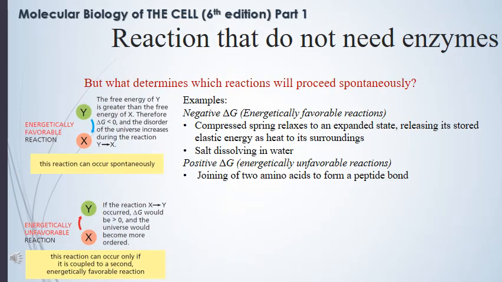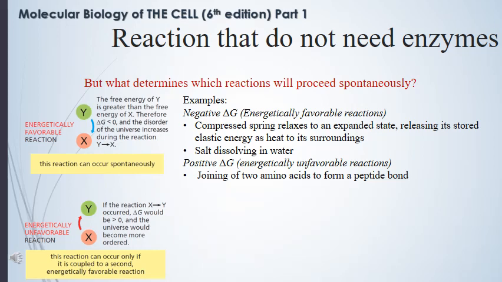So we talked about entropy, we talked about disorderedness, we talked about some chemical reactions occurring spontaneously, some not occurring spontaneously. So let's look at basically the physics behind it and determine what exactly determines which reaction will proceed spontaneously. So let's consider a conversion of Y to X, okay?